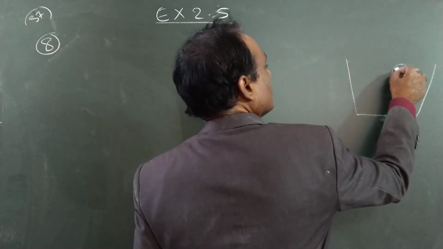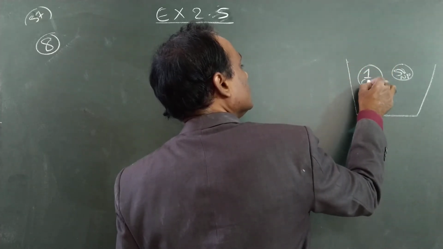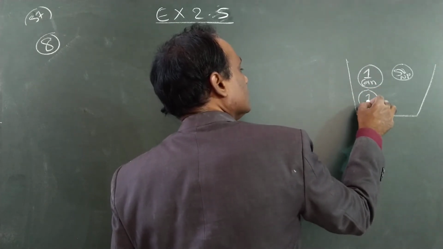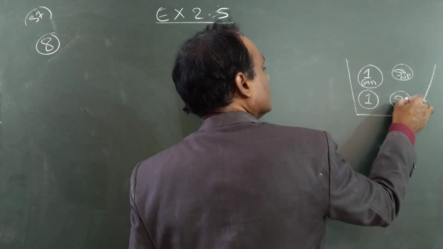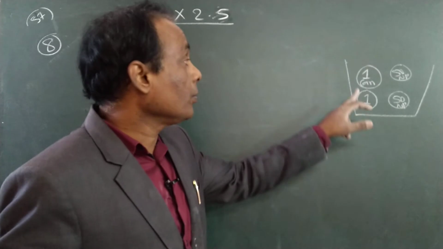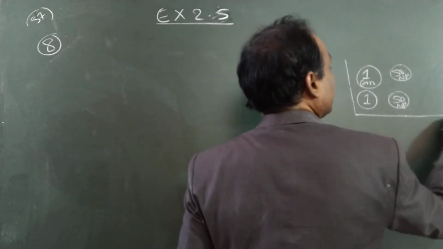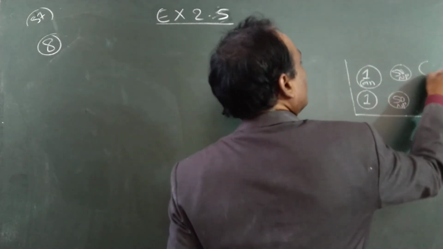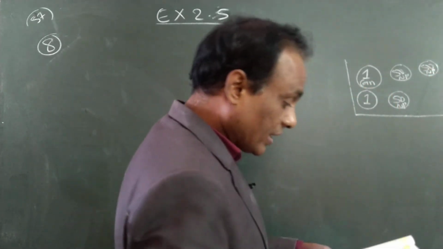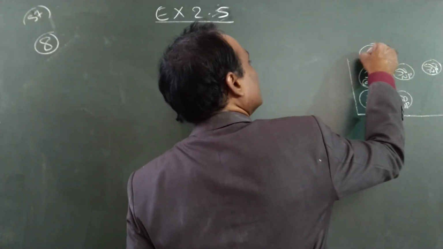So 50 NP and 1 rupee coins, like this. But 1 rupee coins are 3 times the 50 NP coins. Suppose 50 NP coin is 1, then 1 rupee coins will be 3 times.